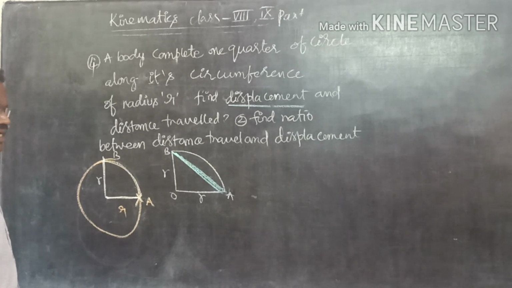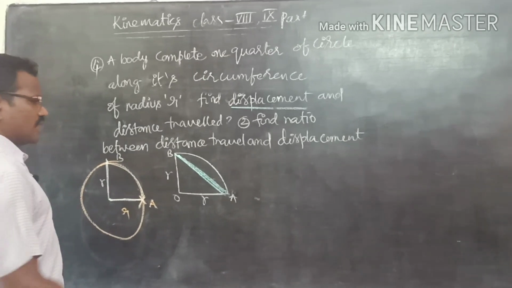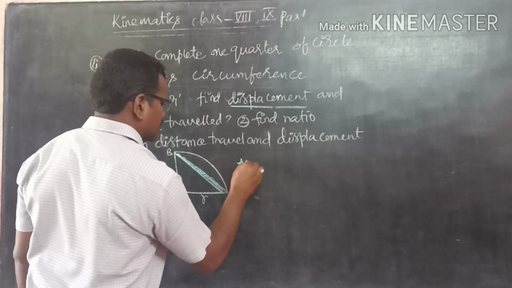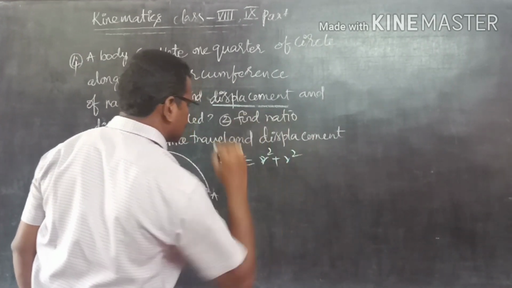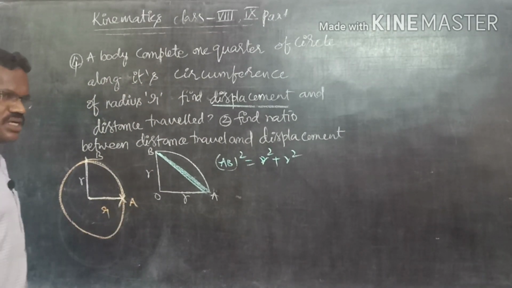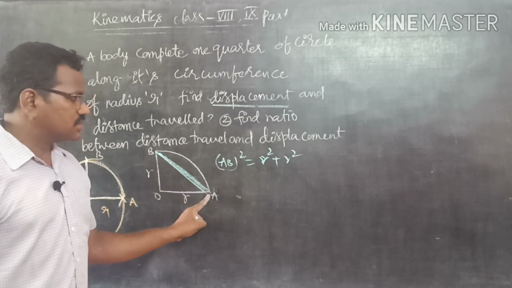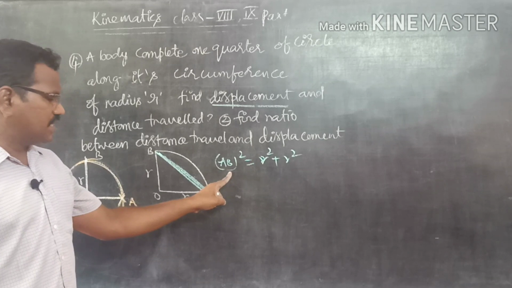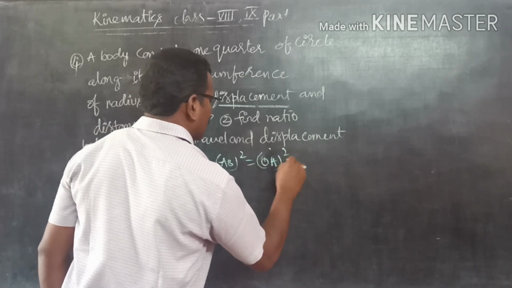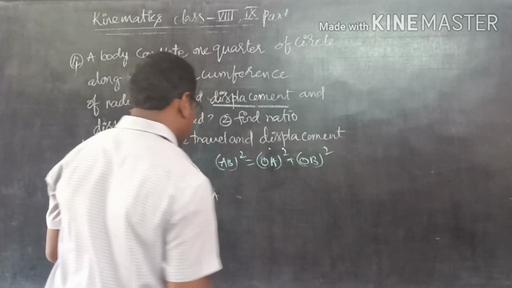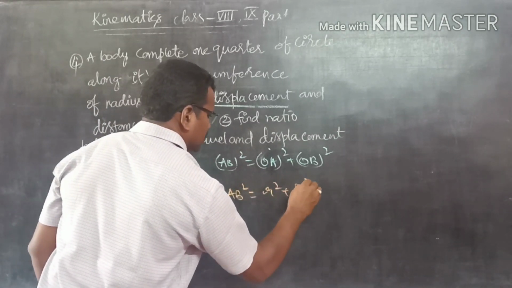We already know that in a right angle triangle, as per the Pythagoras theorem, the square of the hypotenuse, here AB square, is equal to the sum of the squares of the sides, that is r square plus r square, which we can also write as OA square plus OB square.